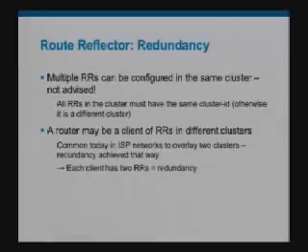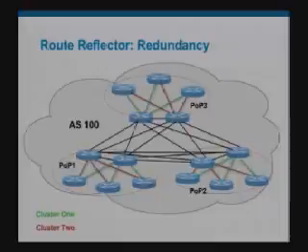It's much easier to have different clusters, overlap them, and have clients peer with two different route reflectors. So it would look something like this. So your point of presence here, we've got cluster 1, so this is route reflector cluster 1, the green lines, route reflector cluster 2, the red lines. Okay? It's much easier doing it like this.